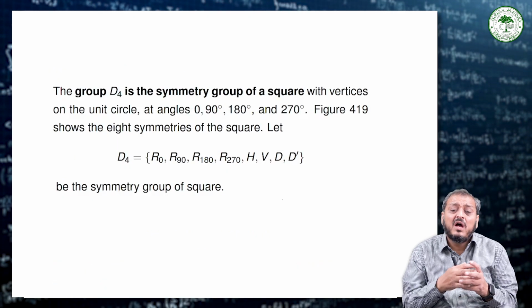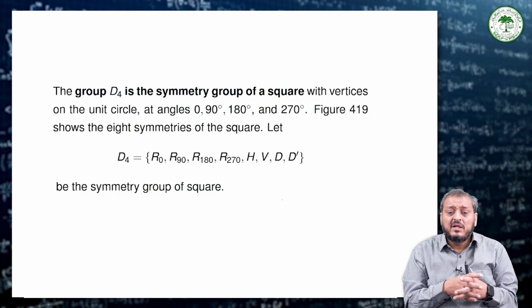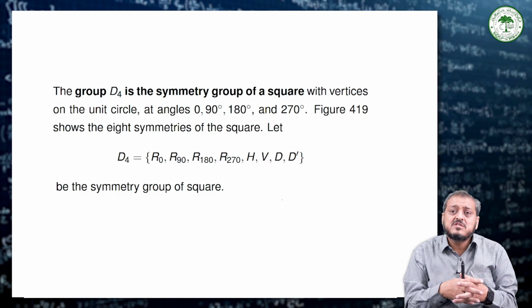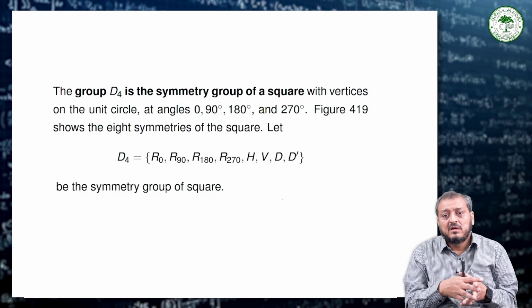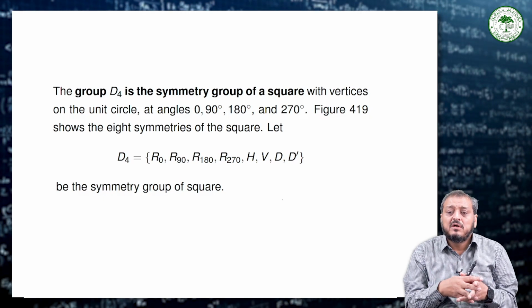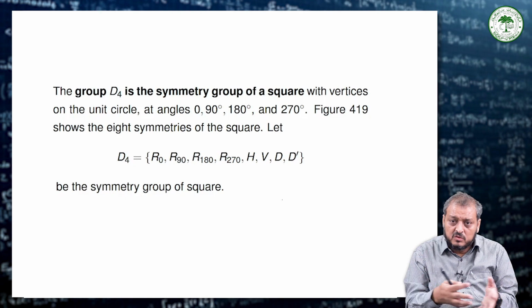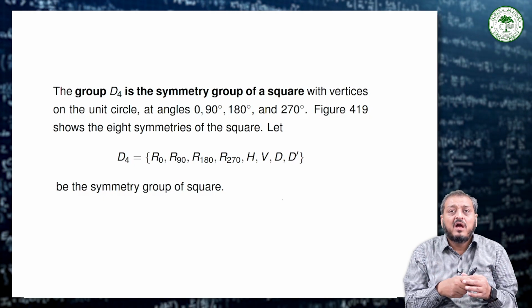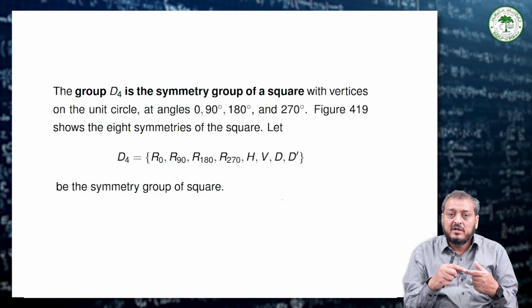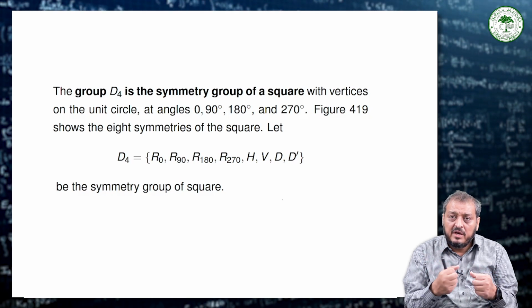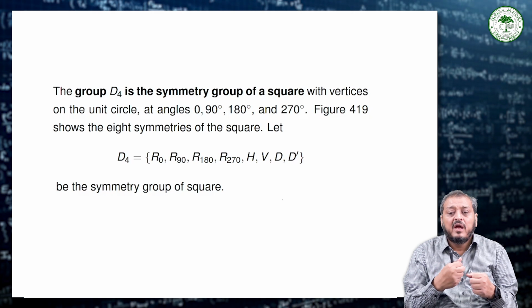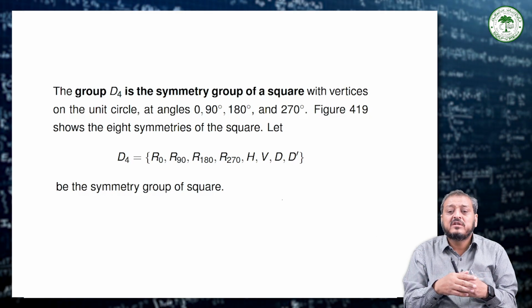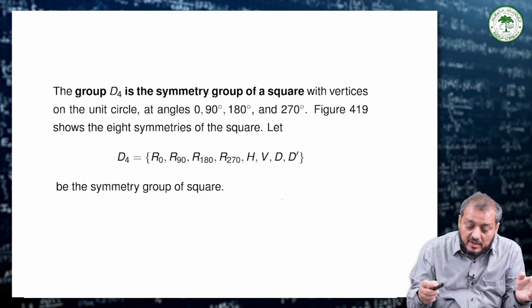Now, we have to move to another symmetry, and that symmetry is called the square symmetry. Group D4 is the symmetry group of a square with vertices on a unit circle at angles 0 degree, 90 degree, 180 degree, and 270 degree, and that figure shows the 8 symmetries of a square.